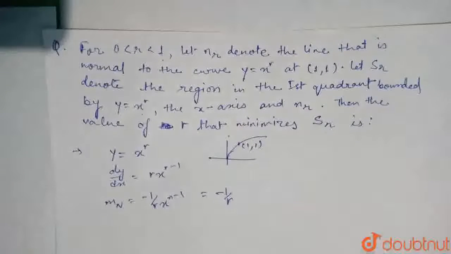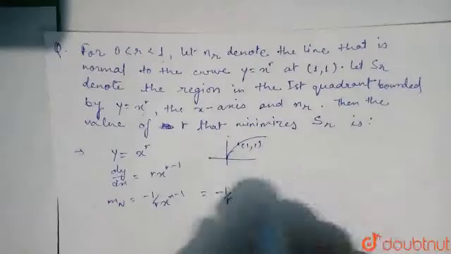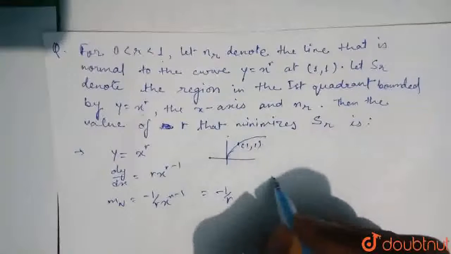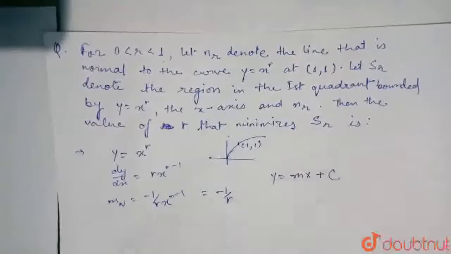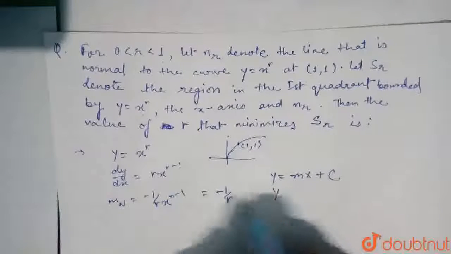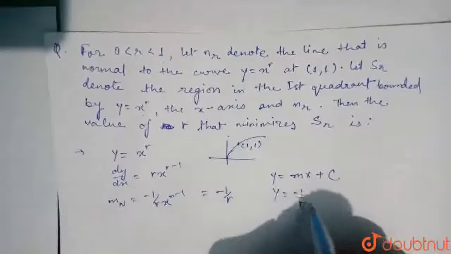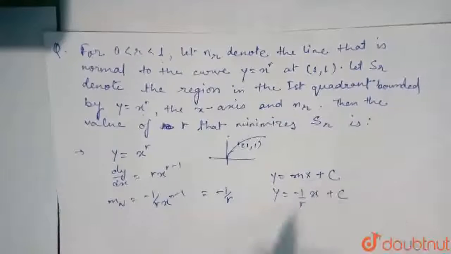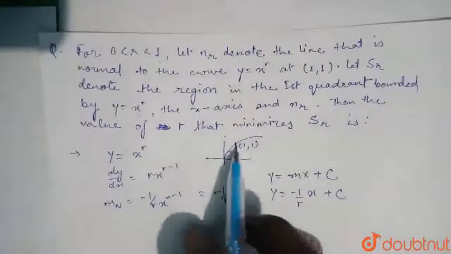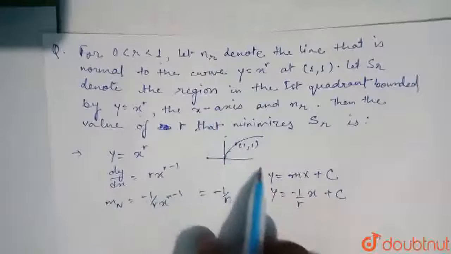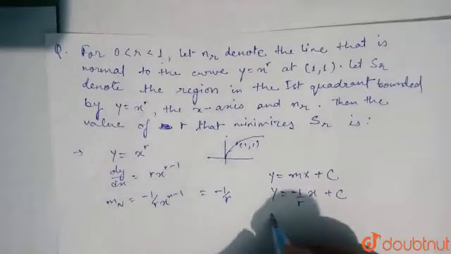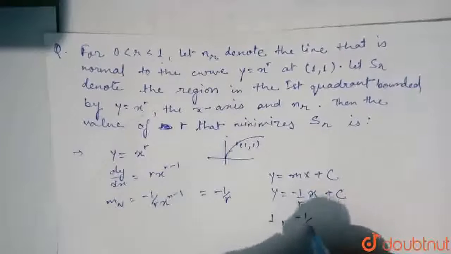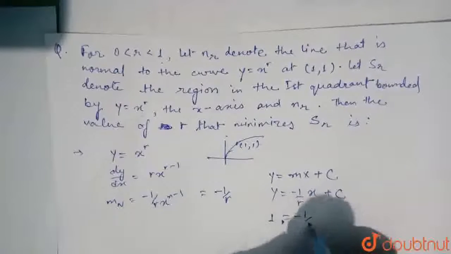We'll calculate the equation of normal. Any line can be written as y equals mx plus c, and we know the slope of the normal is given as minus 1 by r, plus c. Also, since the normal is drawn at the point (1, 1), (1, 1) will satisfy this equation of normal. So putting (1, 1), it will be 1 equals minus 1 by r plus c.